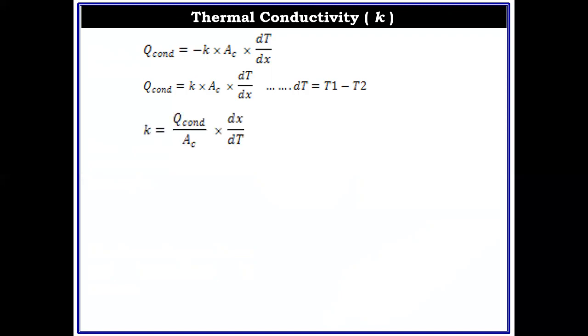Now we are interested in finding the thermal conductivity, the k value. So in the above equation we shift all remaining terms to the other side, so k equals Q divided by area multiplied by dx upon dT. Always remember, when we talk about Fourier's law, the area is always the cross sectional area.